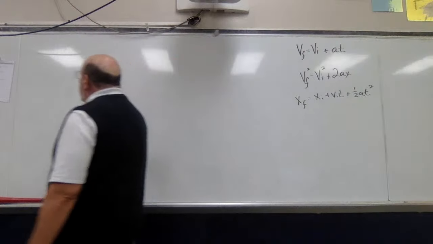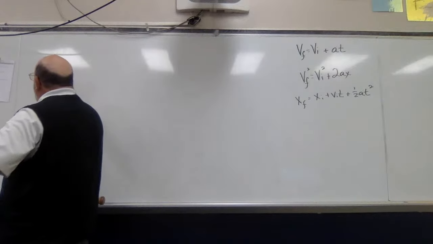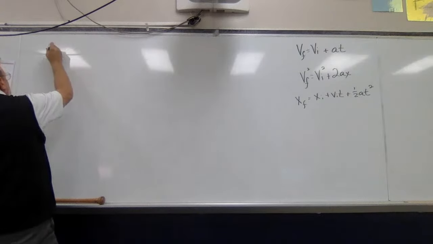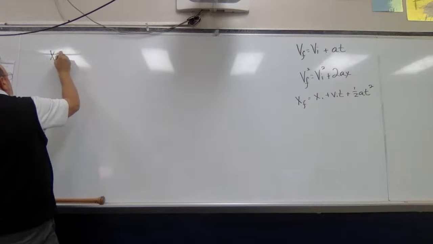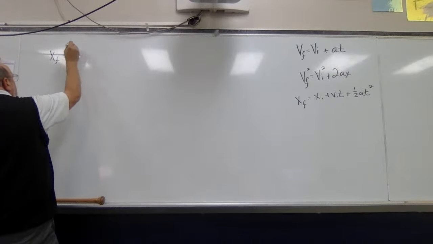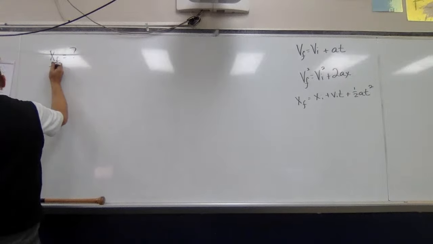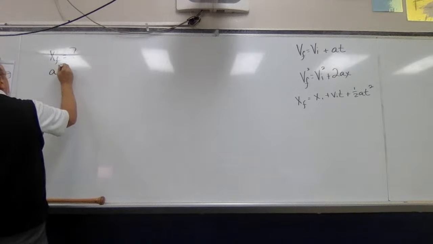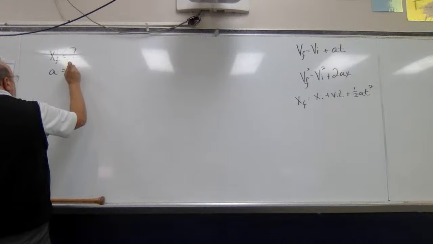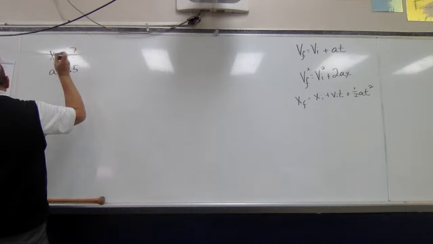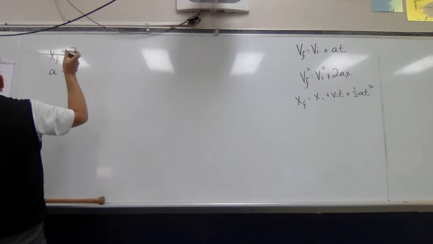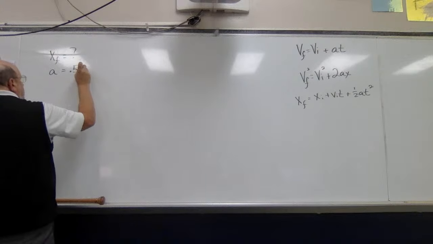Well, we created charts. What are we looking for? We're looking for final displacement, right? That's what we don't know. What have we been given? We've been given Vi, acceleration, and time. Where is the initial velocity in that problem? Starts from rest.